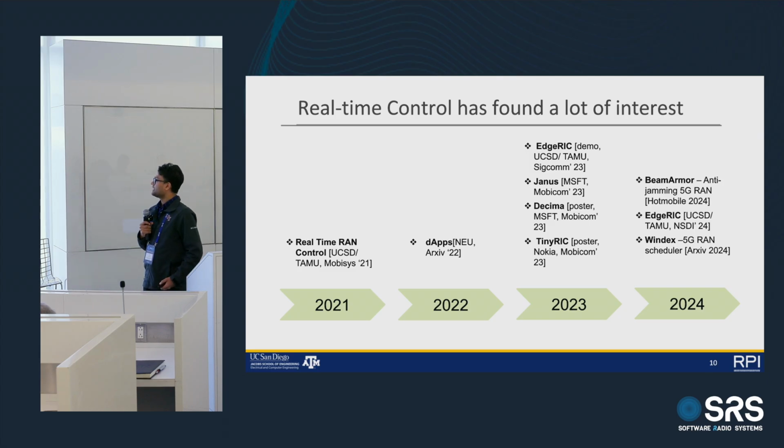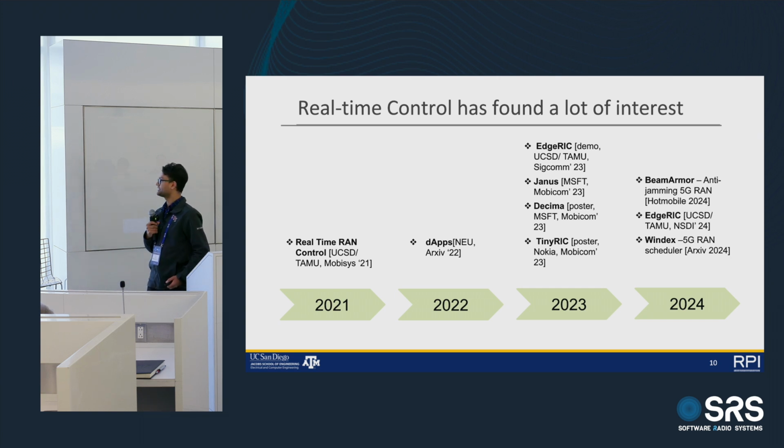What is common here is that all these different RICs might differ in their implementation and architecture, but there is a single goal: to provide real-time control of the radio access network. Two important RICs can be highlighted. One is Edge RIC, which we have been building over the last couple of years, and another is Janus, which is built by Microsoft.